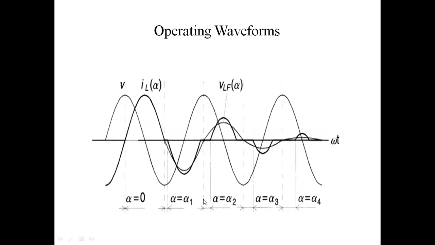When alpha 2 is greater than alpha 1, the magnitude of current again decreases. Observe this waveform clearly: alpha 4 is greater than alpha 3, greater than alpha 2, greater than alpha 1, and as the firing angle increases, the magnitude of current decreases.